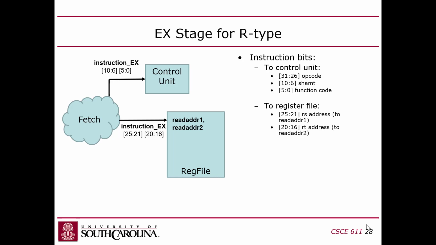So you get the instruction stream coming out of the fetch stage, and you can take the fields 25 down to 21 and 20 down to 16. Those are your RS and RT registers. And you can connect those to the read address 1 and 2 on your reg file, right? Just hardwire them, directly connect them.